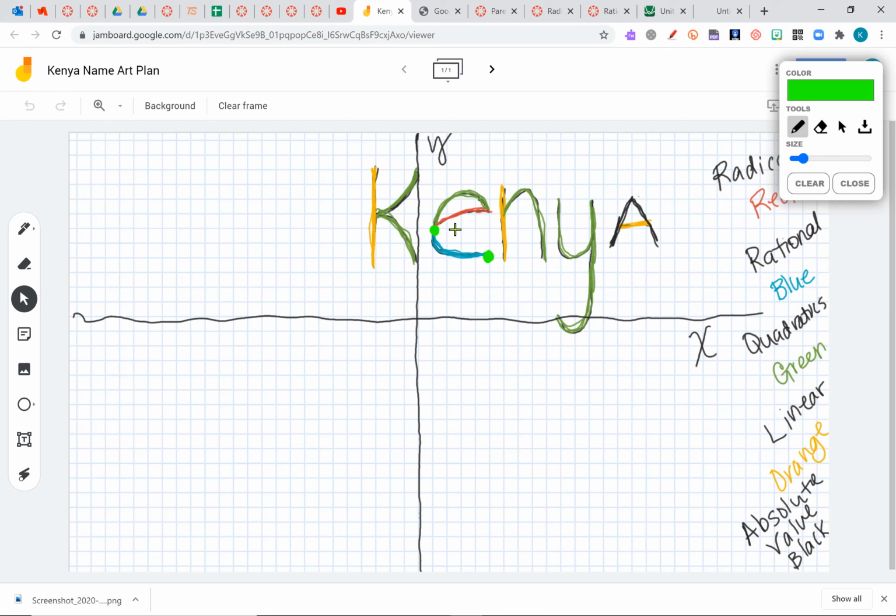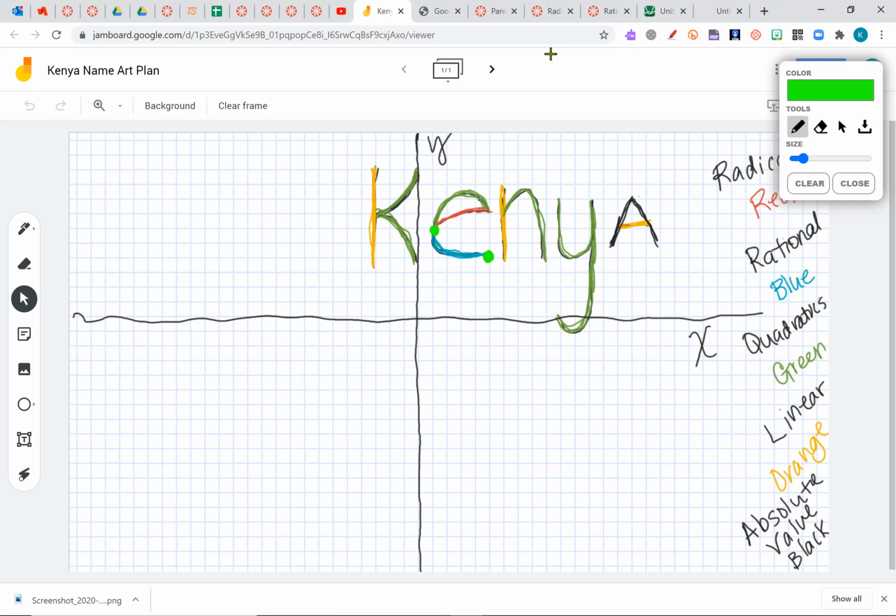Now the question is, see, a hyperbola is a little different, right? The center is not where you think it is. The center is not one of the endpoints like it is for the radical.